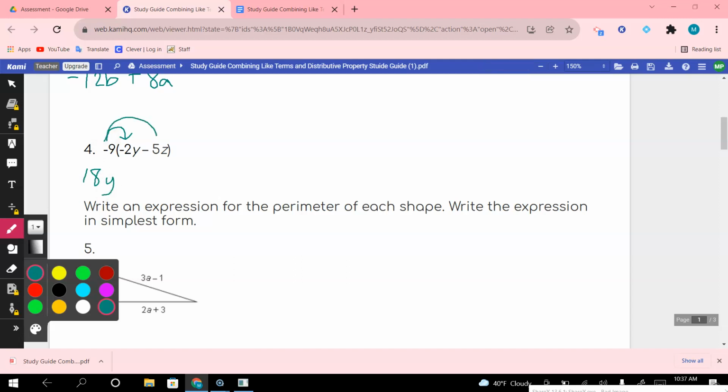Negative 9 times, and again, recognize that sign in front goes with it, so it is again a negative. We have a negative times a negative, which is going to be a positive, and 9 times 5 is 45. So we have positive 45z.